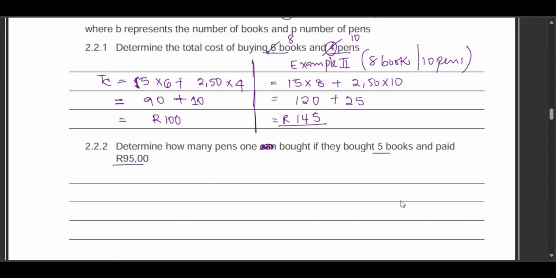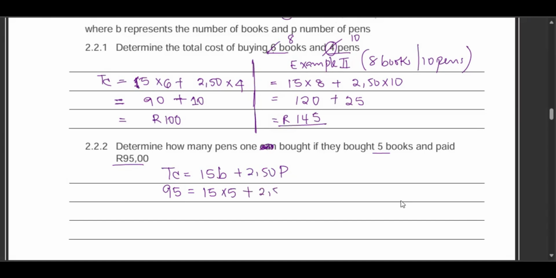So now we already have the total cost. But remember, the formula says the total cost is 15 B plus 2.5 P. We have the total cost as 95 rands. And they bought books, how many of them? They bought 5 of them.